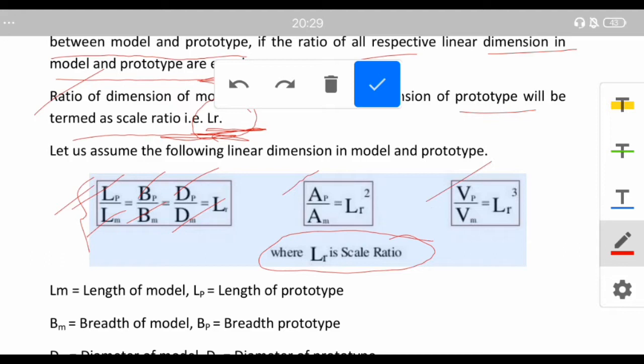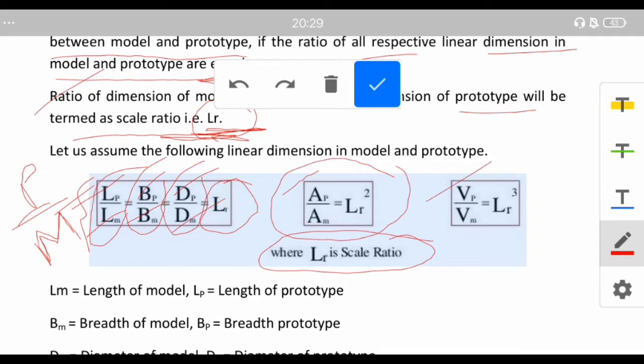So LP upon LM, or BP upon BM, or DP upon DM, that is the ratio of one dimension of the prototype to the same dimension of the model, is the scale ratio LR. If I consider it in terms of area now, the area of the prototype upon the area of the model will be equal to LR square, because area is length into breadth.